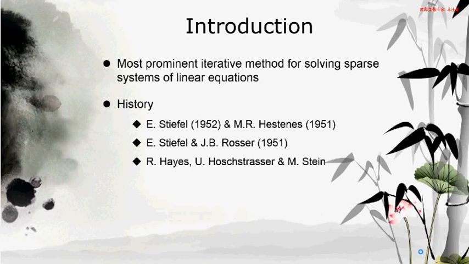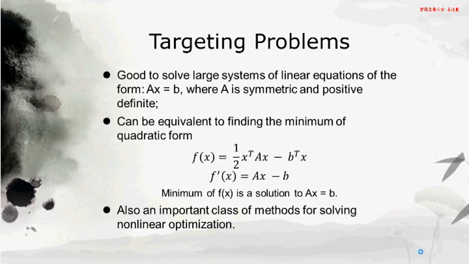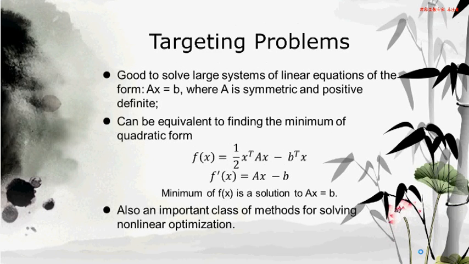Now let's go to some details of this method to have a deep look at it. First, let's go to the targeting problems, which means the problems this method can solve. This method is very good for solving large systems of linear equations of this form, Ax = b.